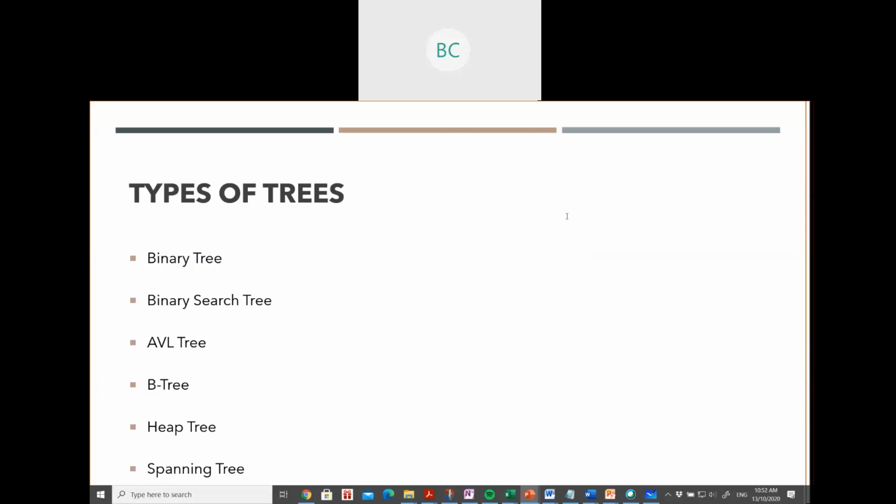What could be the possible applications? Insert, delete.